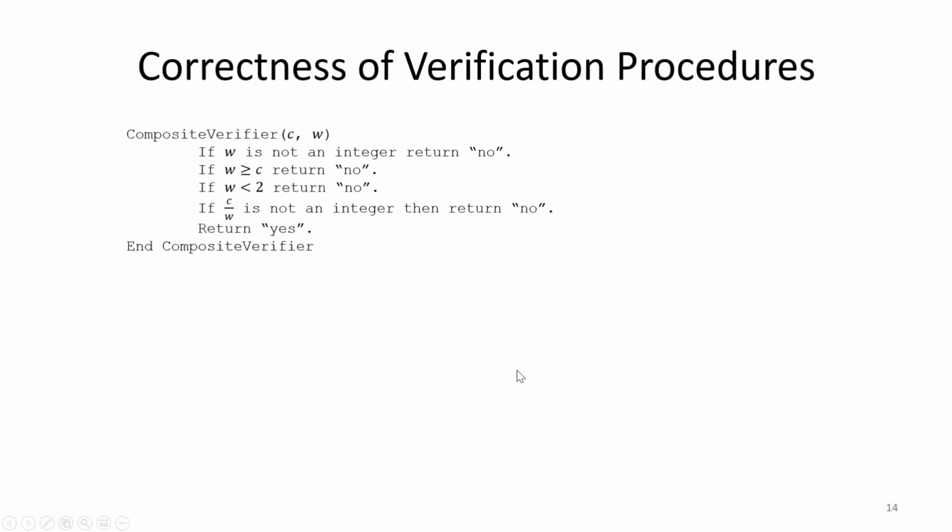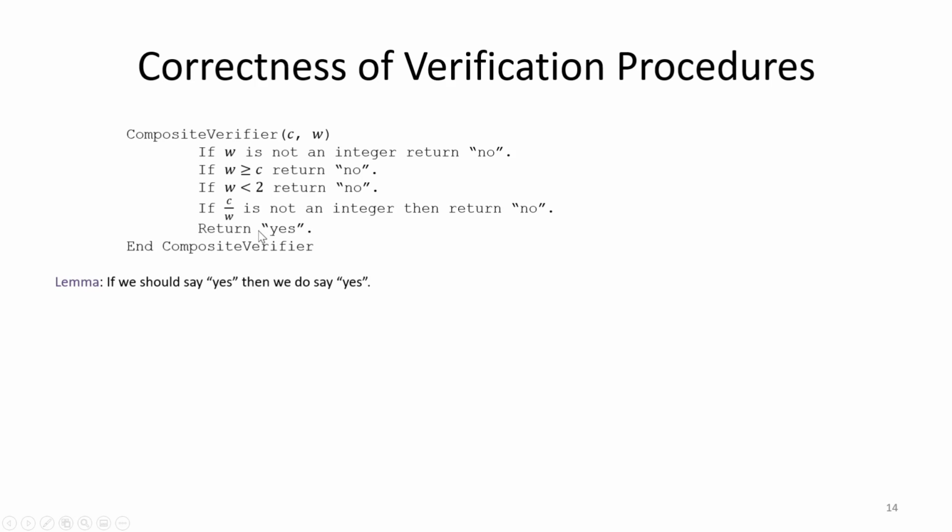Now, I'll show you how I'm going to do it for my proof here. I'm going to split these into two proofs, one in one direction, one in the other, and I'm going to characterize them as lemmas because together the lemmas are going to be a proof of correctness. So here, to start out, I've got my verifier already started, but my first lemma, I'm going to say if we should say yes, so if this is a composite number, then we do say yes.